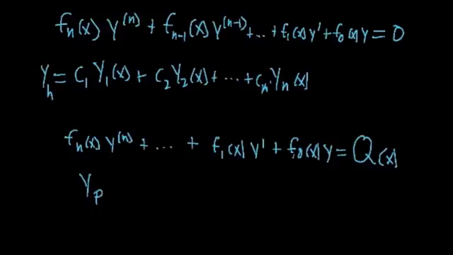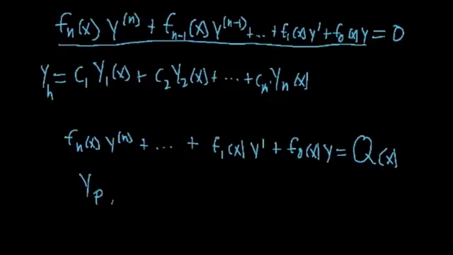And that's how I want you to think about it for this video. If we had just this differential equation here and we plugged in this yh, we would get that it equals 0. And if we were to have this differential equation here and we plugged in yp, then it'd be equal to q of x. So this is the particular solution.